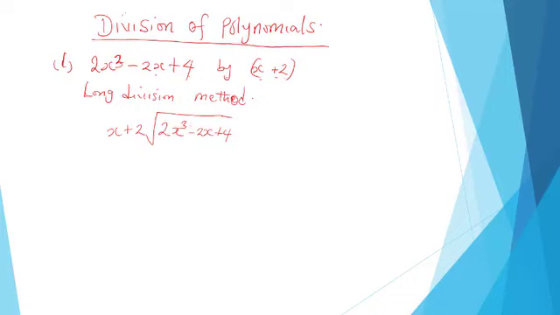2x cubed divided by x will give us 2x squared. Now 2x squared times x will give us 2x cubed, and 2x squared times 2 will give us plus 4x squared.